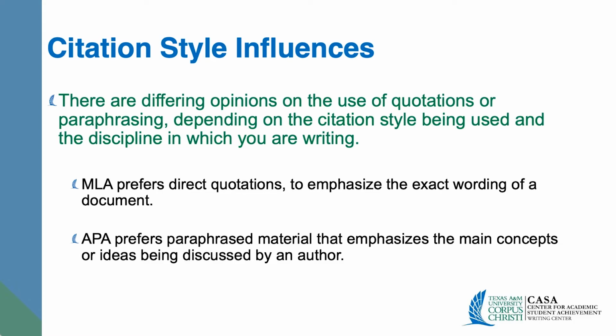However, if you are using APA, which is usually used in the soft sciences, then you are going to be relying more heavily on paraphrased material because, once again, we want to hear what you have to say about the topic, not so much what the other authors are saying about it. We just want them to back up your opinions.